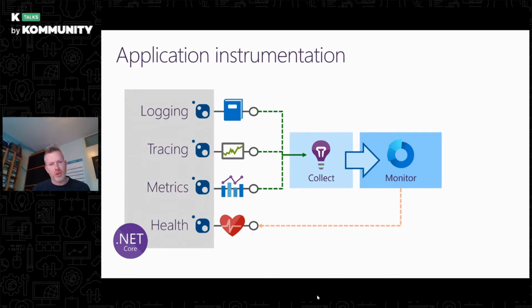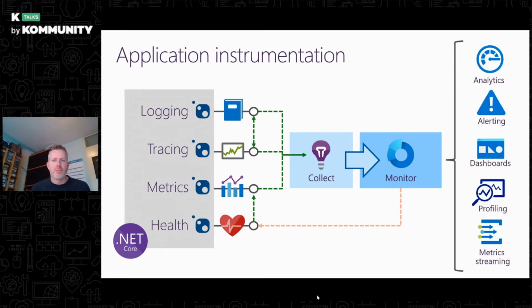But the net result is that your monitoring system is getting all this information from your application, and your applications can correlate it, because that's being taken care of in your applications and your distributed system. Then you're good to go and do all this cool stuff with analytics, alerting, creating dashboards with red or green lights so you can see what is happening in a blink of an eye.